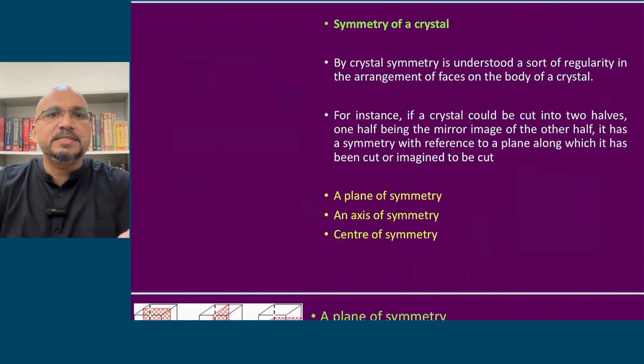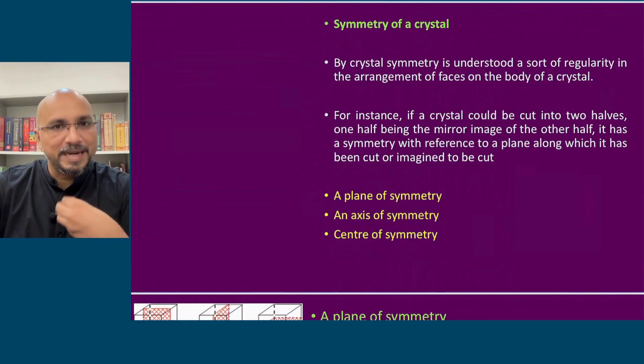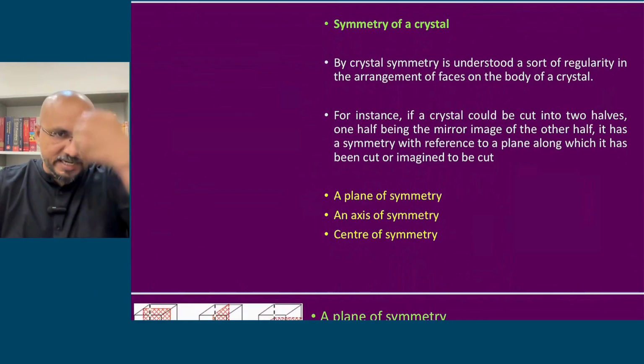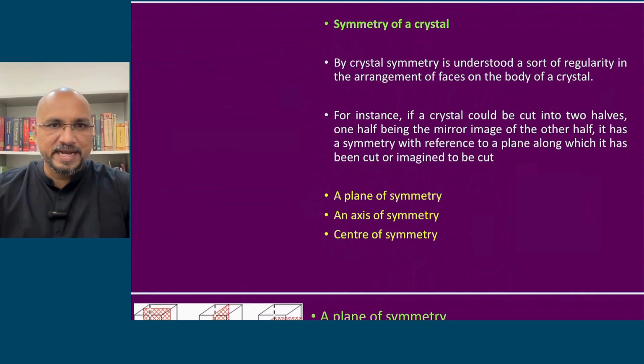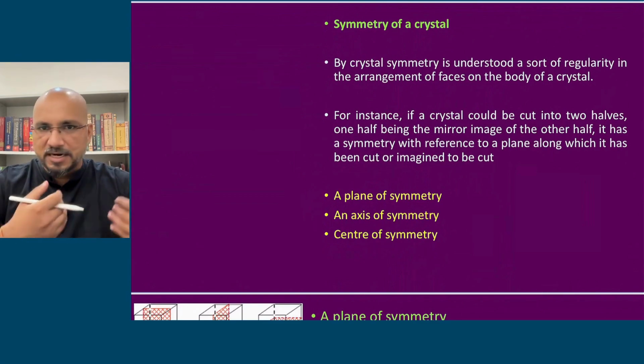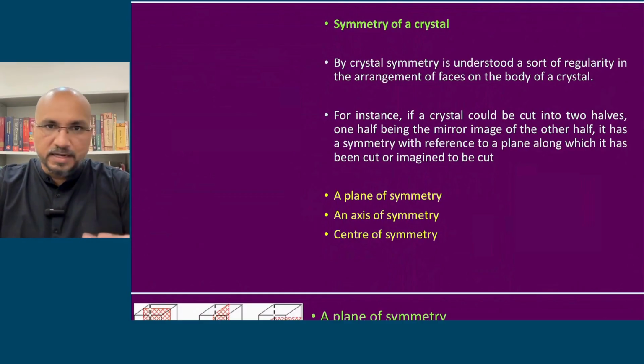Nature में symmetry है. In nature symmetry occurs. For example, we are bilaterally symmetrical animals. If you cut a human from the center, our left hand side will be an exact mirror image of the right hand side. There are organisms which are radially symmetrical. So symmetry occurs in nature.